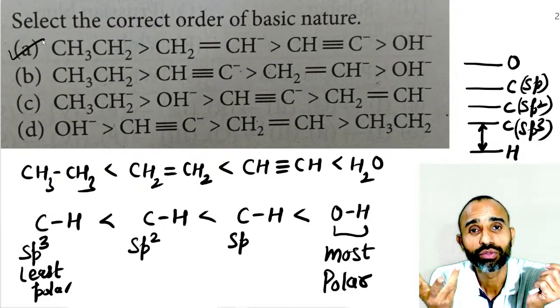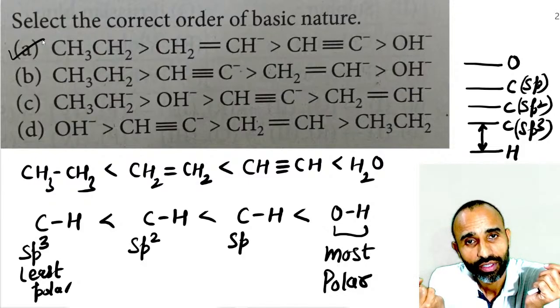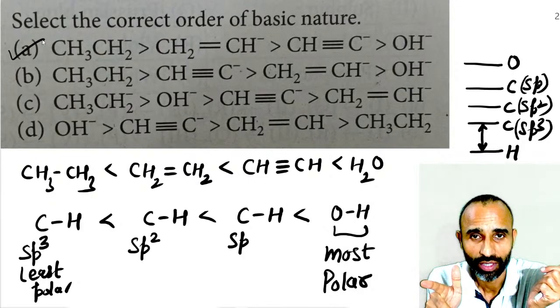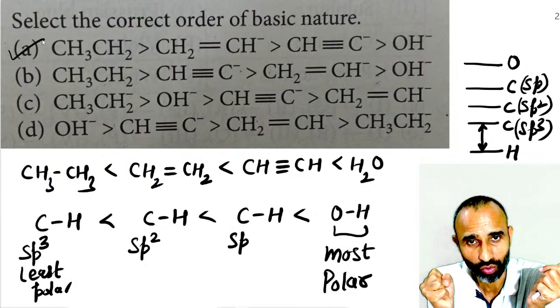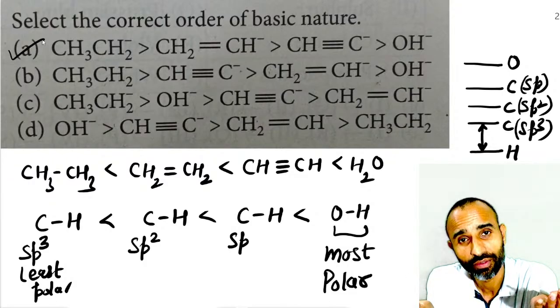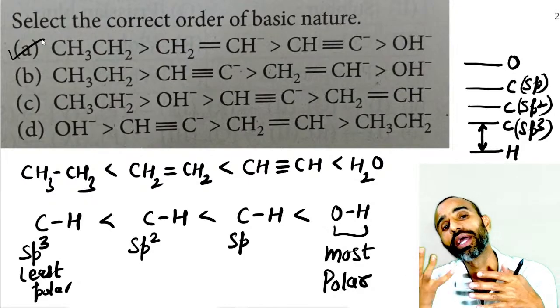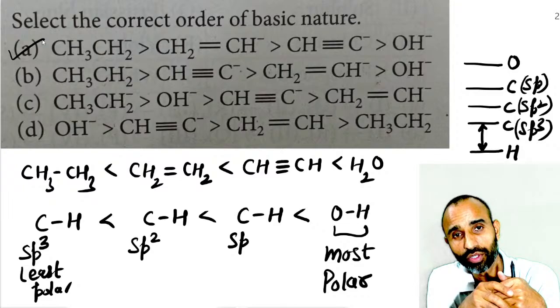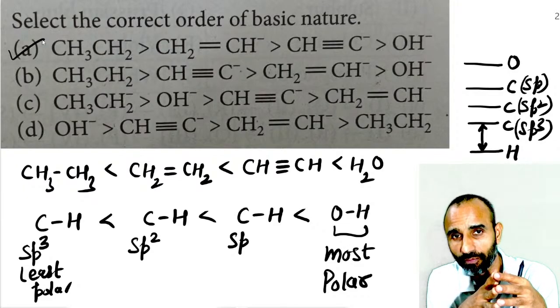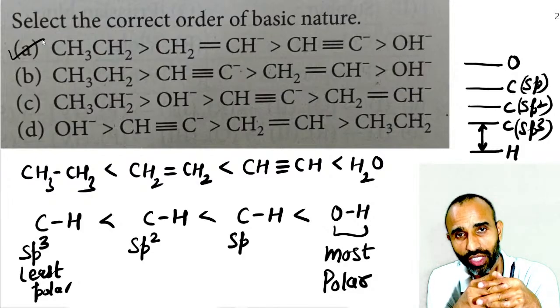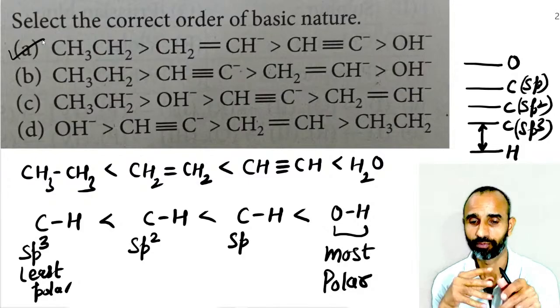Which is most electronegative? sp hybridized carbon is most electronegative, and that's why it holds the electrons, cannot give electrons. So which one gives easily? sp3 hybridized carbon, because that is least electronegative, and that's how we can explain it as well. Understood.